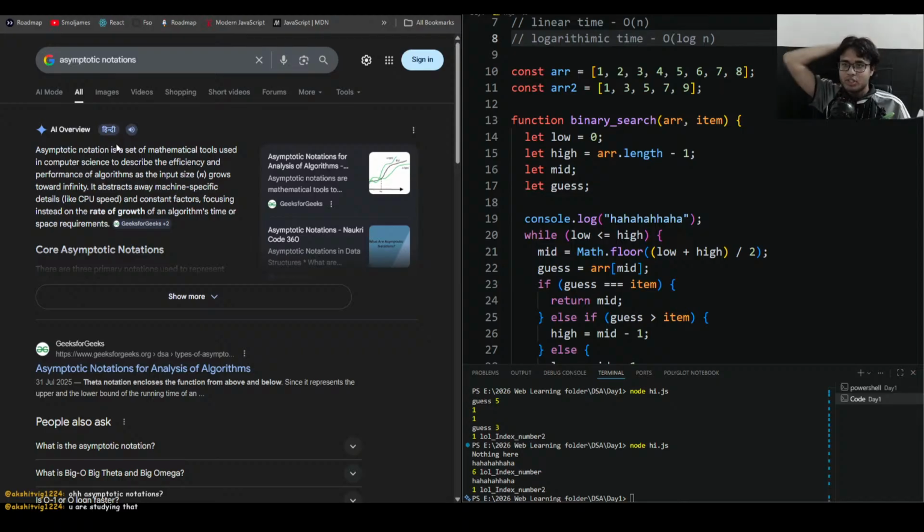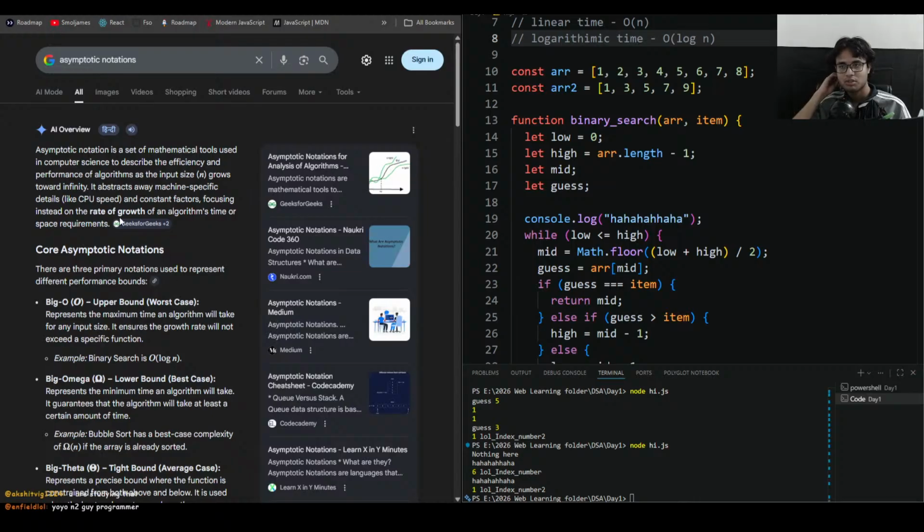Asymptotic notation is a set of mathematical tools used in computer science to describe the efficiency and performance of algorithms as the input size grows towards infinity. It abstracts away machine-specific details like CPU speed and constant factors, focusing instead on the rate of growth.